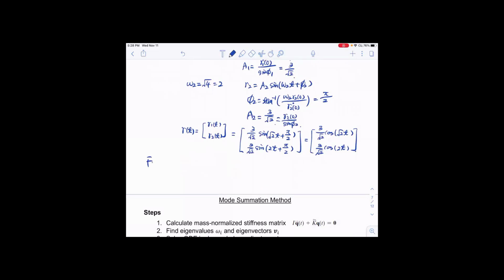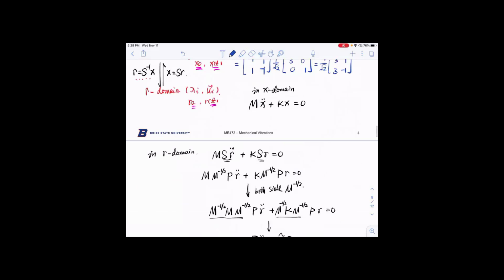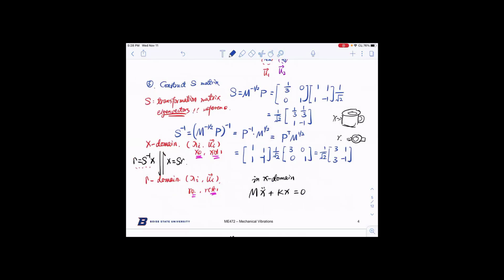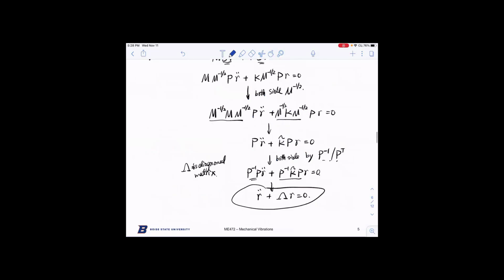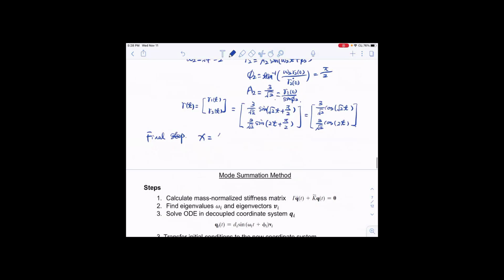So the final step, we want the solution in X domain. So we want to dump information from R to X. As I said, you have to go back to the coordinate transformation again. In order to go from R to X, we multiply by S. So what is your S?